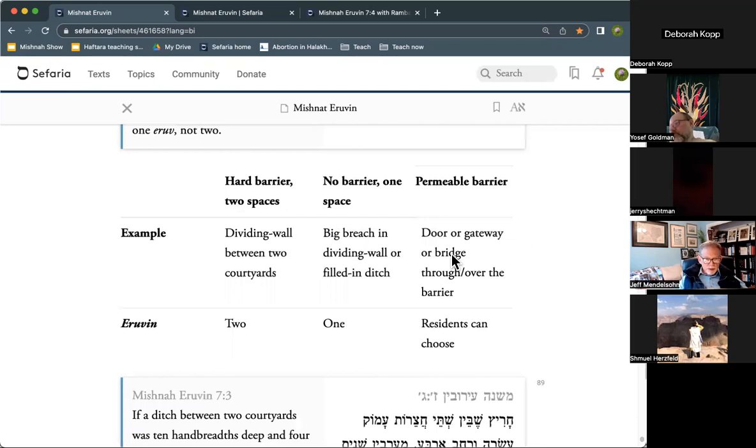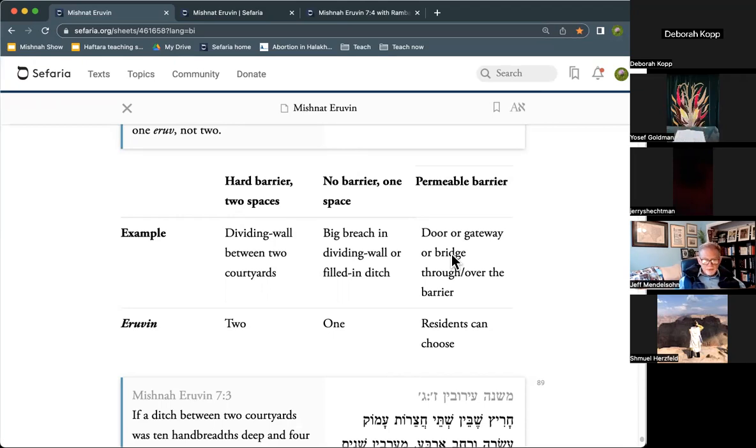We've really got 3 kinds of cases. First, a hard barrier, like the wall that's 10 tefachim high. We've got a dividing wall between 2 courtyards, we need 2 Eruvin. Second case is where there's no barrier, so they're one space. Maybe there's an enormous breach in a dividing wall, or, as we'll find out later today, maybe a ditch that's filled in. If there's no barrier, we need 1 eruv.